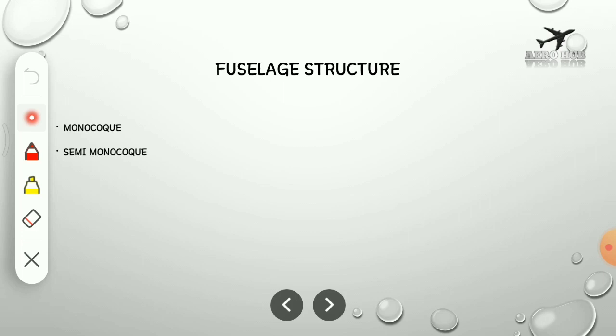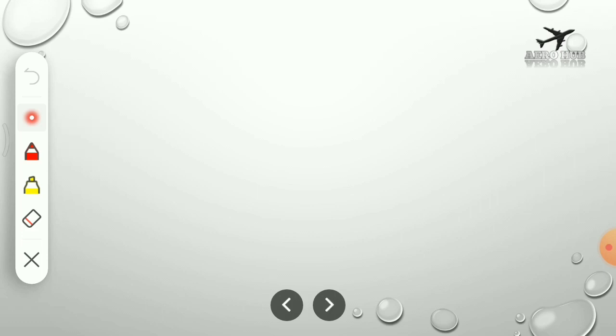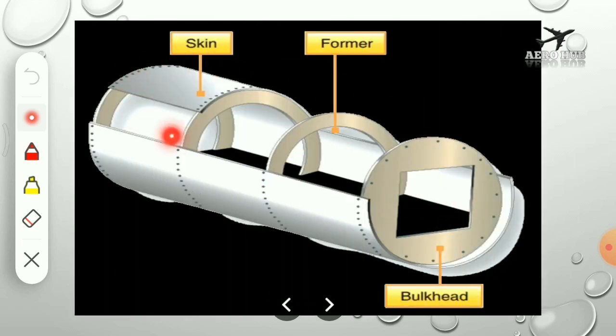In a semi-monocoque structure, the skin is ineffective in bending. This is a monocoque structure, you can see here. This part is called the frames, or also formers. The frames will be providing the shape of the fuselage and carrying the concentrated load, similar to the ribs of the aircraft wing.